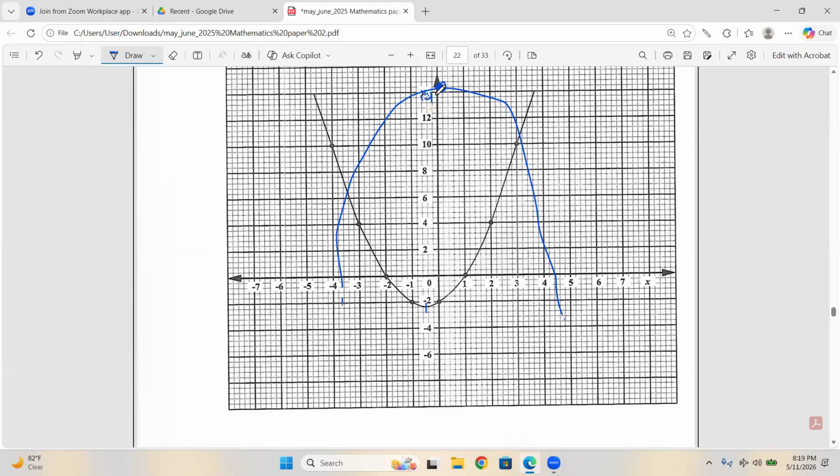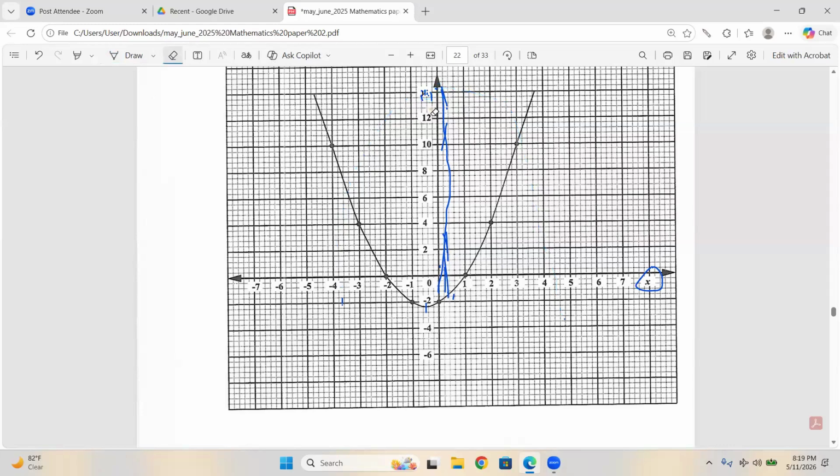If this was an actual graph in an exam, it'd be like 40 point something for the maximum. And then for the axis of symmetry, you draw a straight line, or use your ruler, down to the x-axis and read off where it falls. If it falls on an exact number, good. If it doesn't, try to figure out the scale between the numbers and get the most precise value.